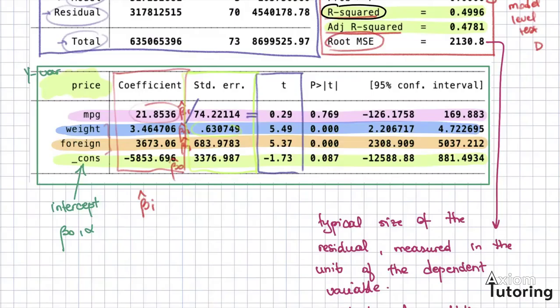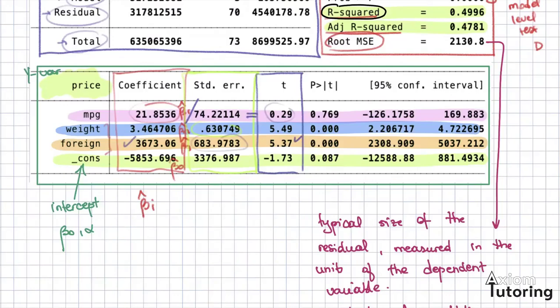So if you ever have questions in exams or in assignments where certain parts of this table are erased and you'll have to find yourself what those numbers are, keep in mind there is a relationship already with the first three columns. If you wanted to find the t value, you need to know the coefficient and the standard error. If you need to find the standard error, it suffices for you to know the coefficient and the t-statistic, and you can easily find it from there.